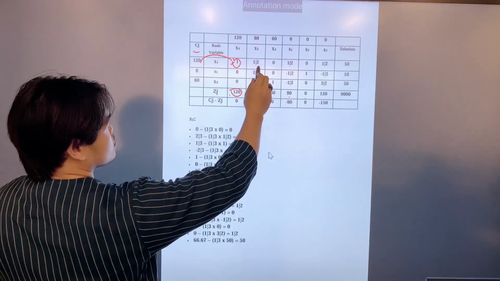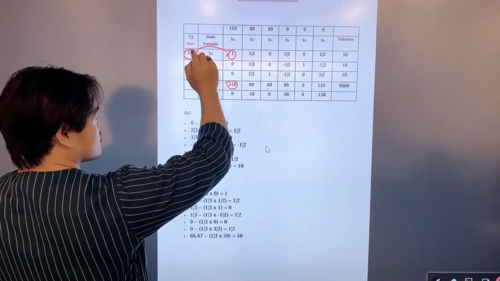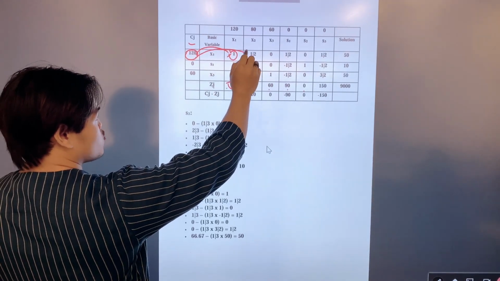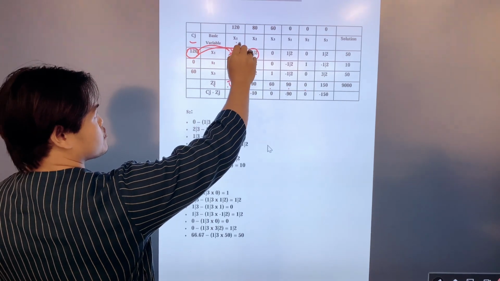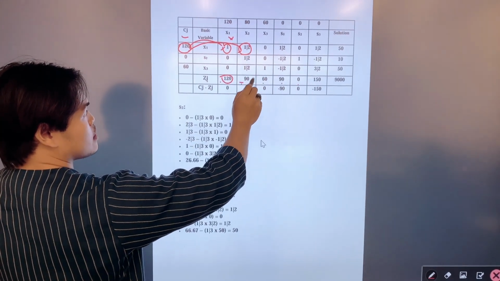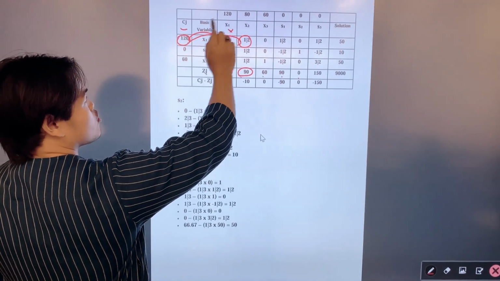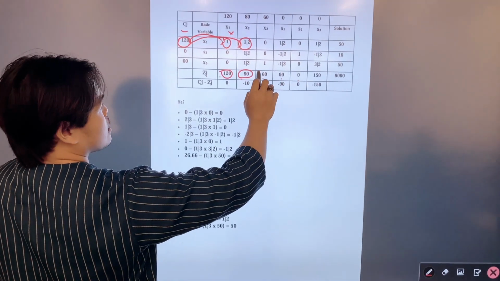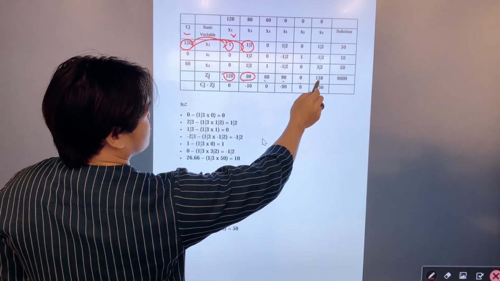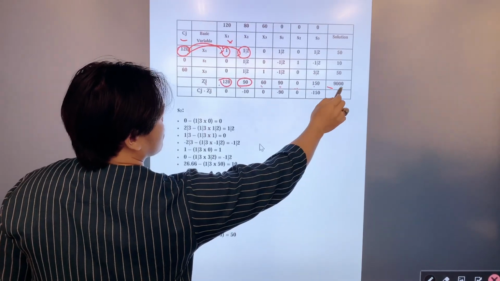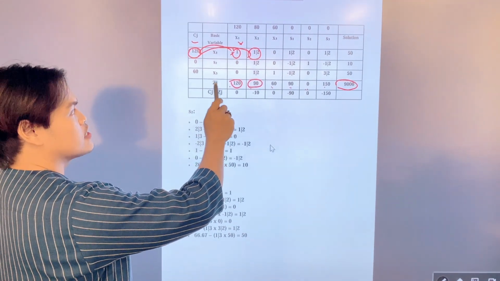Jump to the next, 120 times, and then we get 90. Every column we multiply with 120, and we get 60, 90, 0, 150, and then we get 900.